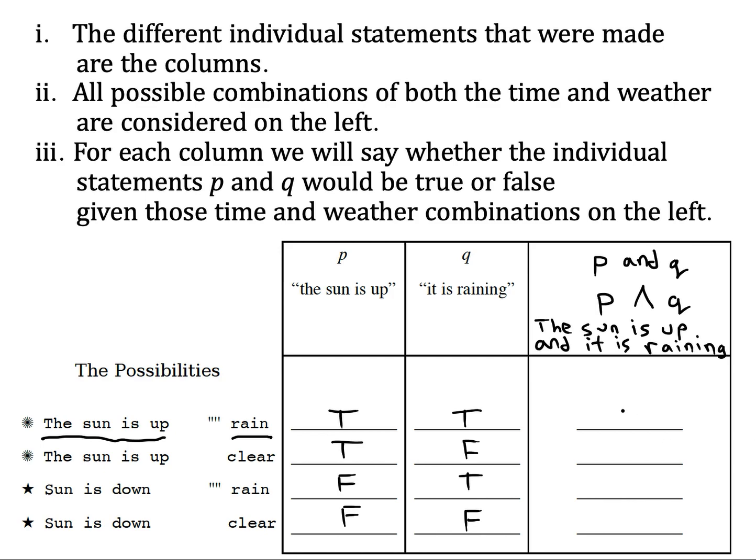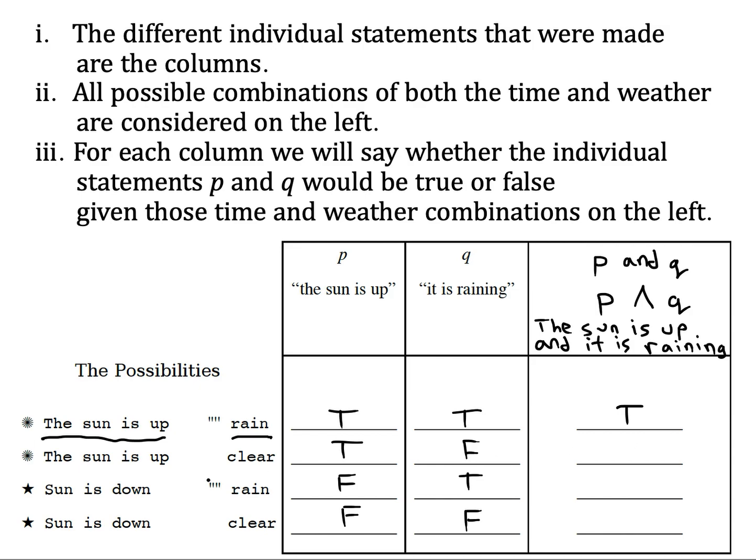And the idea is that when you say an and statement, everything you say has to be true. If any one of the things you said was false, then the and statement would be false too. So if I say the sun is up and it's raining, and both of those conditions are happening at that time, so we have 2 truths here, then my overall statement is correct.